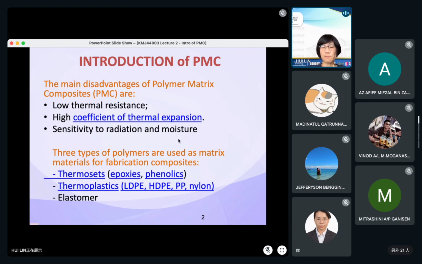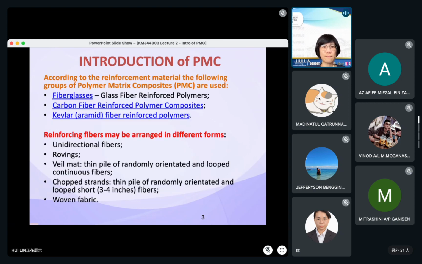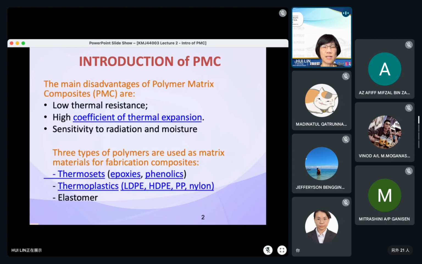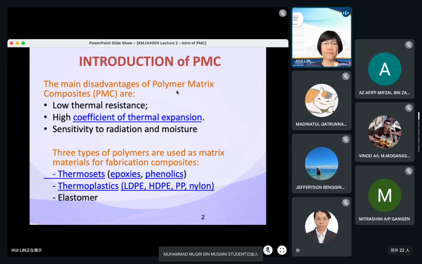Am I finished with this part? I think so, so I will speed up. They are the same because the major ingredient is the polymer, so the disadvantage comes from the polymer itself.